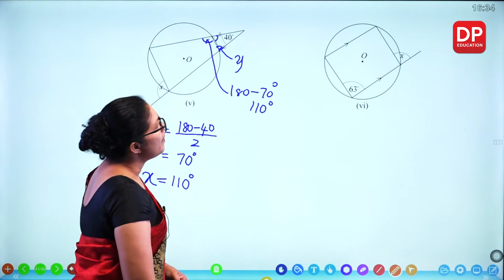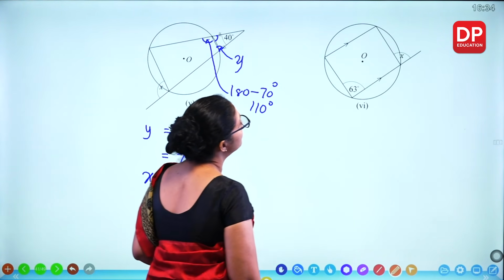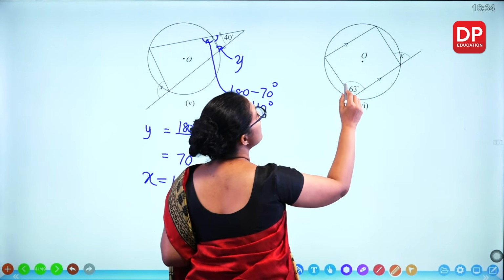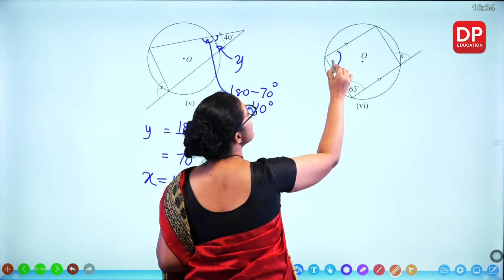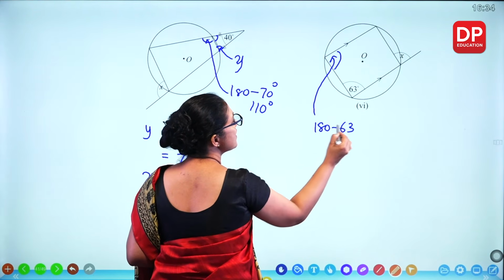This one, two parallel lines given. So if this is 63, what's this angle? This angle is 180 minus 63.